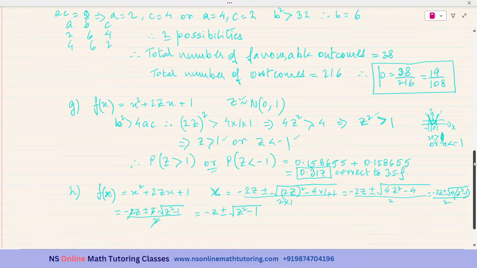Don't get confused. They have taken x1 equal to minus z minus the square root of z squared minus 1, and x2 equal to minus z plus the square root of z squared minus 1. You see, x1 has a minus sign over here.